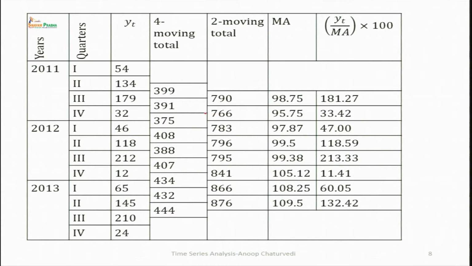So, you write 766 here, and so on. You proceed like this, and then we obtain the moving averages by dividing each of these totals by 8. So, you get these moving averages.